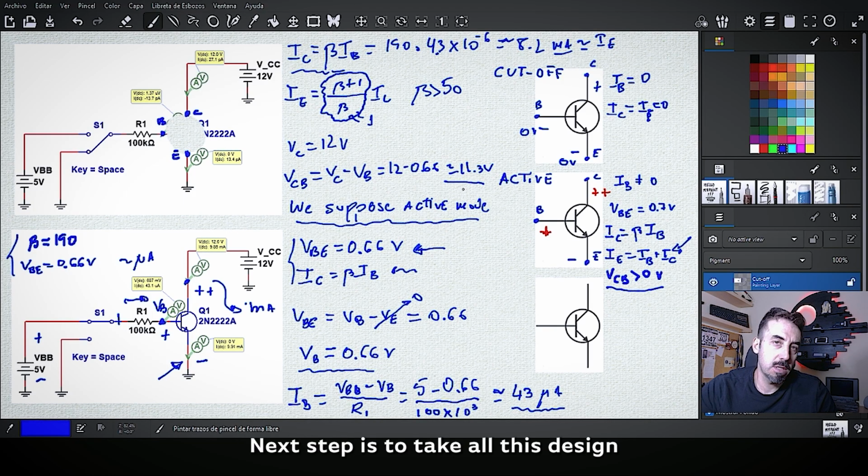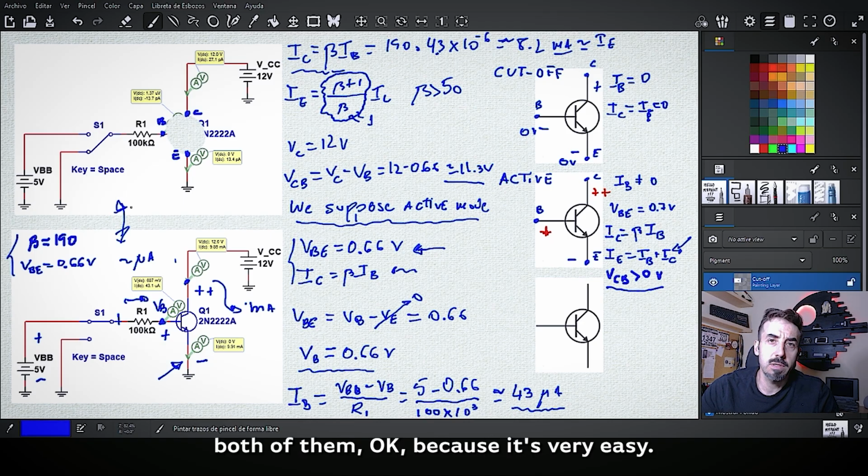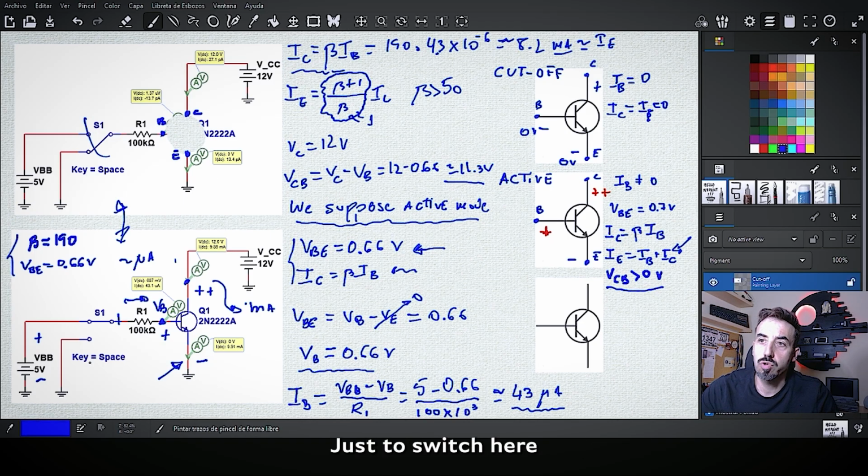Next step is to take both of these designs, because it's very easy, it's the same: just switch from one position to another and check that everything is going to match. The results that we have found are going to match. I invite you to do the simulations with whatever software; in this case I use Multisim by National Instruments.